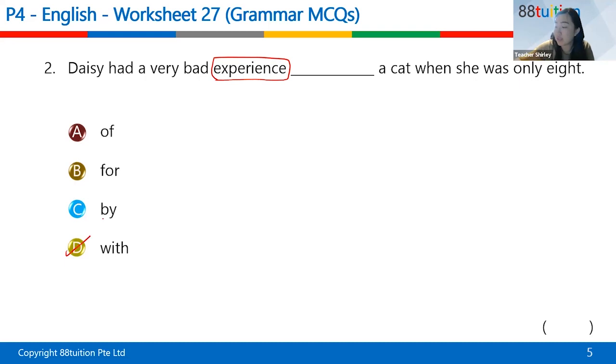In this case, when we talk about experience, it's always, I had a bad experience with something. Because you have experienced it before, you have actually gone through the process of it. How was your experience with Miss Shirley, for example? How was your experience learning with Miss Shirley?